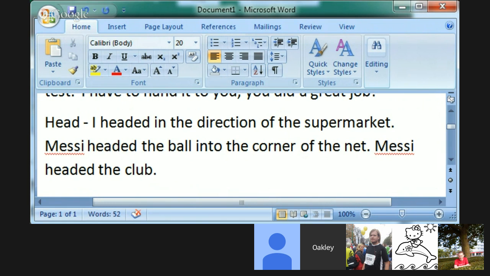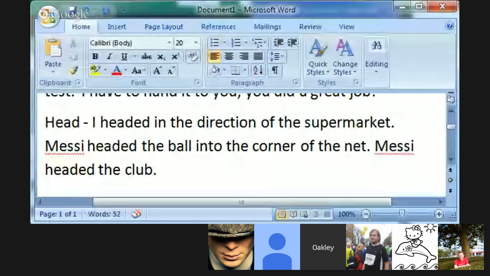Or somebody heads the meeting, for example, or the team, or he's the head of the division. He heads up the division, or the company, or whatever. To be in charge, to be the boss. Okay, well, there we go. Three completely distinct and separate meanings for head as a verb.